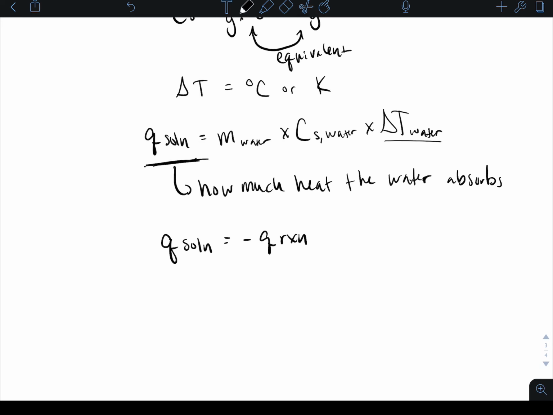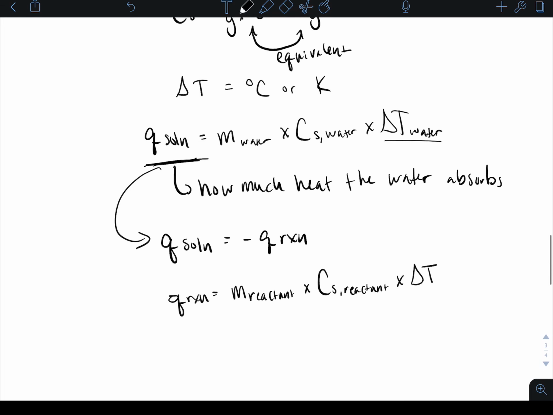So after we figure out our Q of our solution, we can then put it in here, and we know that the negative value of that will be our Q of our reaction. And then once we have our Q of our reaction, we can put it into mass of our reactant times the specific heat of our reactant times the delta T of our reactant. Okay, which oftentimes is the same as the water.